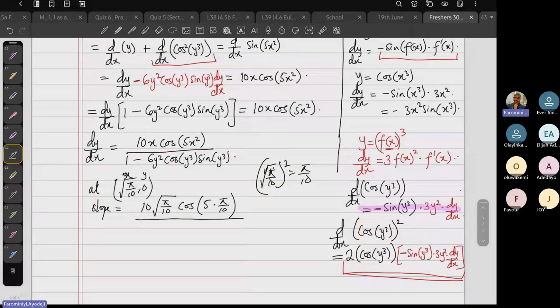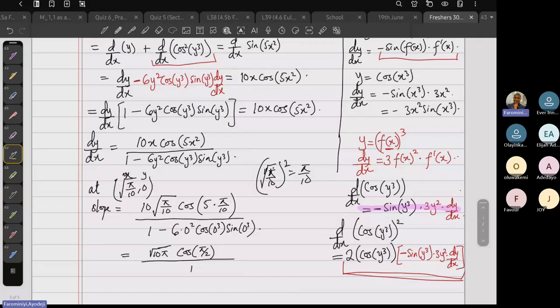Everything divided by 1 minus 6 times 0 times whatever. I'm not going to, okay, let me just write it to fulfill righteousness: cos 0 cubed sine 0 cubed. But we know that 6 times 0 times anything is just 0, so that denominator is just 1. And the numerator is going to be square root of 10 pi times cos pi over 2.